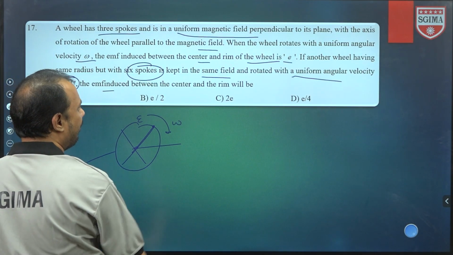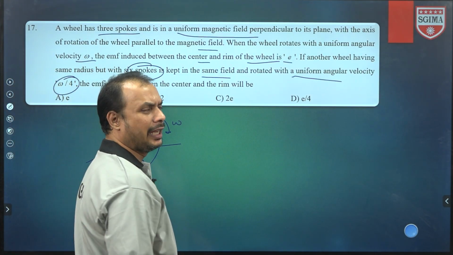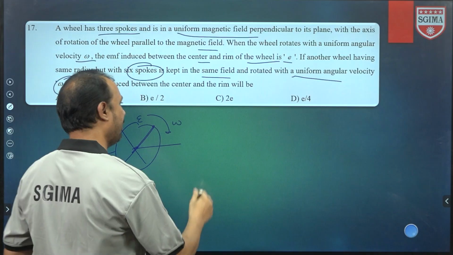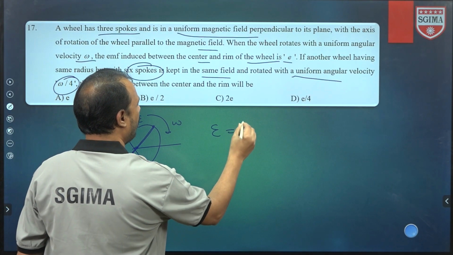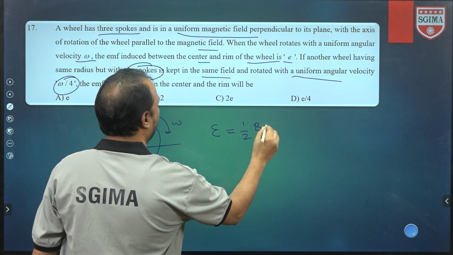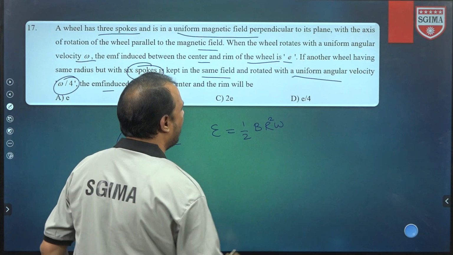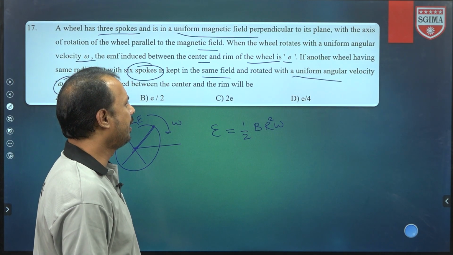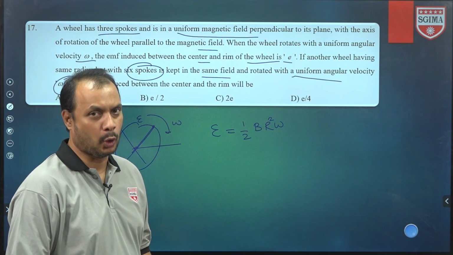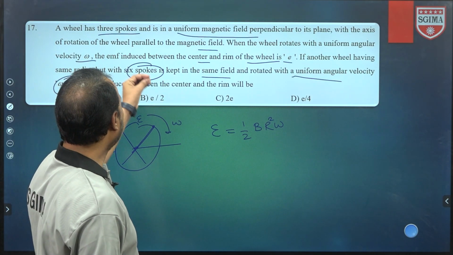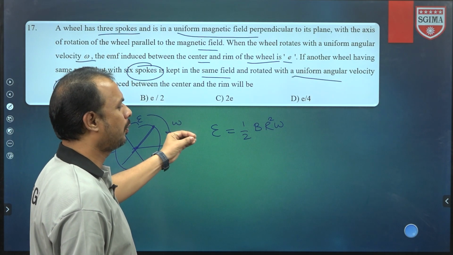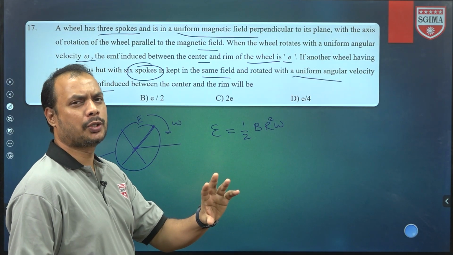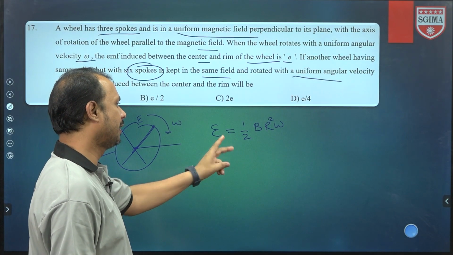Then the induced EMF they are asking is a rotational, motional EMF. So E equal to half B R square omega, and remember this induced EMF is independent of the number of spokes. So you cannot count the 3 spokes, 6 spokes, 10 spokes. However many spokes are given, no issue, the EMF is the same.